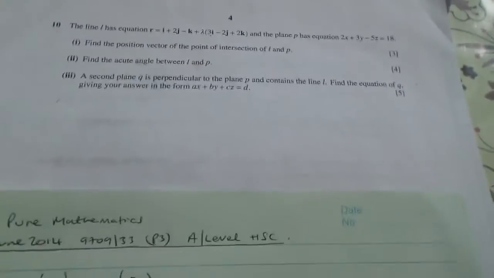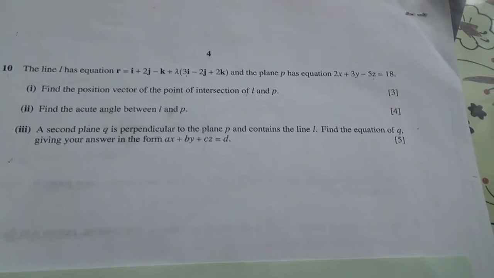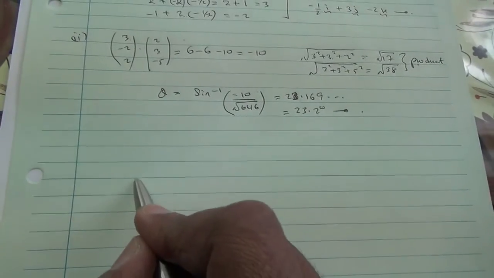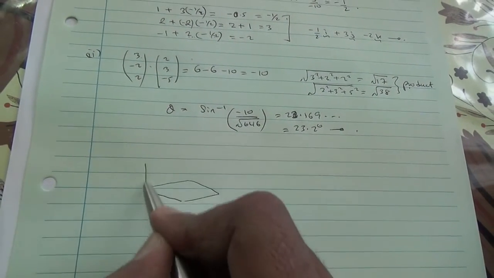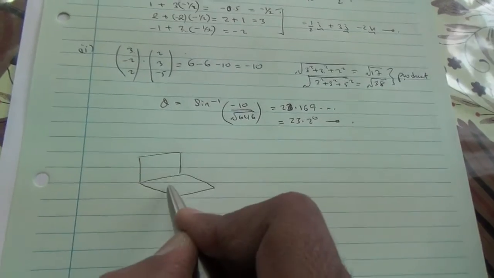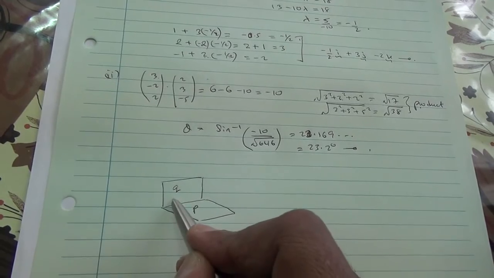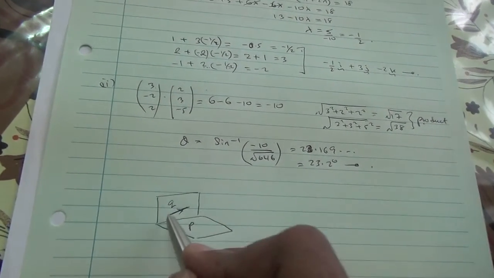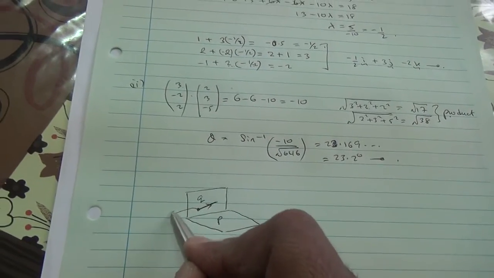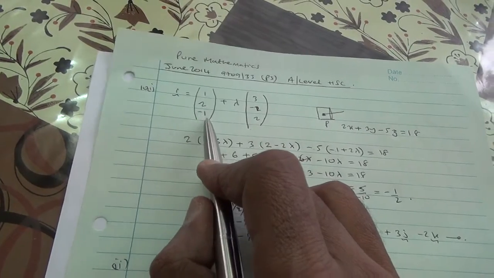The last part, we have a second plane Q, and that is perpendicular to the plane P. Suppose this is the plane P, and you have a second plane which is perpendicular, this is Q. The perpendicular plane Q contains the line L. Remember, this line has a point here as well, given as 1, 2, minus 1.